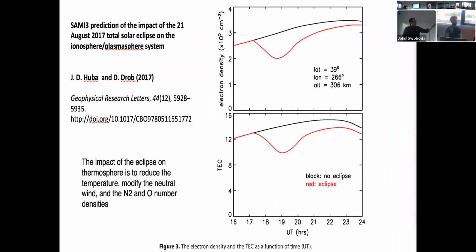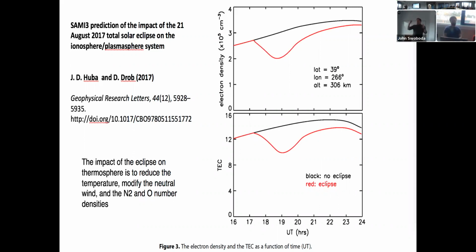A couple of scientists, Joe Huba and Doug Drob, in 2017 made a simulation to show how much the electron density drops off around a specific point near eclipse totality, and here's what the TEC would be, the integrated measurement.